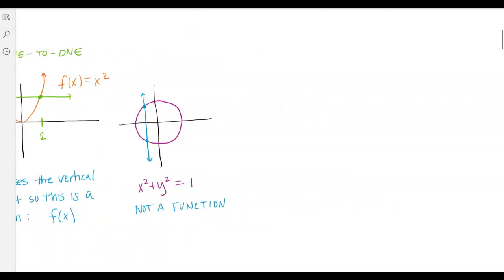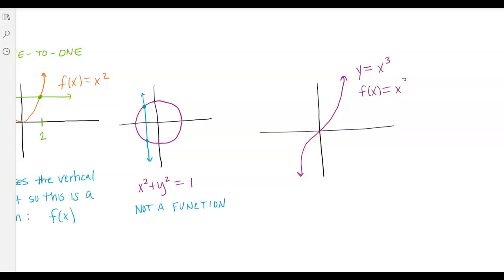A function that is one-to-one might be something that looks like, let's say, a cubic graph, like x cubed. X cubed looks like this. That also kind of looks like the tangent graph that we graphed before. Y equals x cubed, or f of x equals x cubed. It passes the vertical line test.